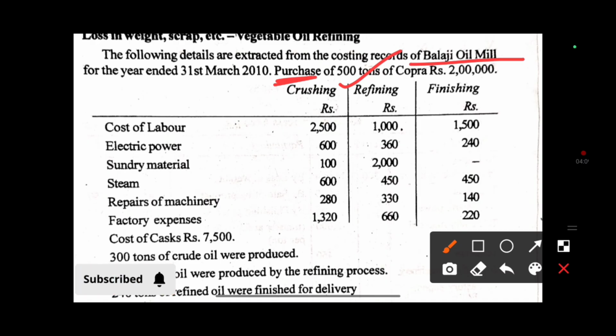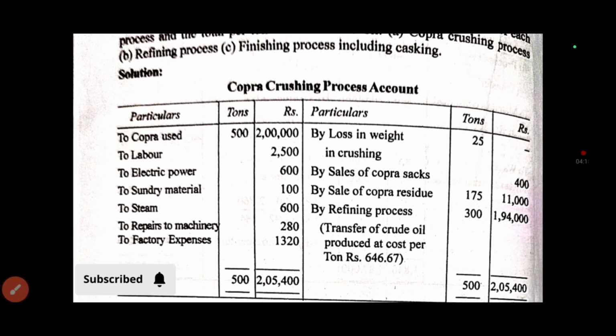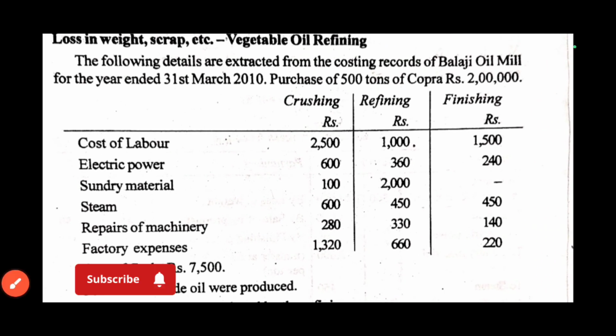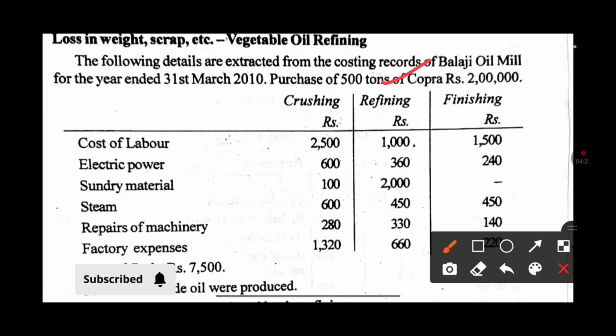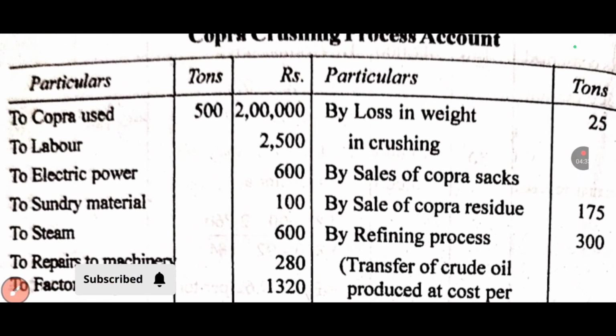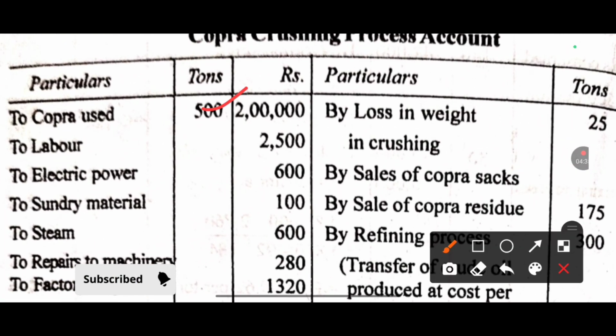Purchases always appear on the debit side. Now we are preparing the copra crushing process account. So that 500 tons of copra will appear as the input on the debit side. How much rupees? The cost of the 500 tons of copra is 2 lakh rupees. So the 2 lakh rupees enter into the amount column and 500 tons enter into the tons column.